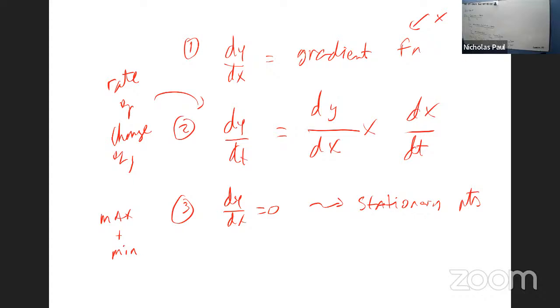So dy dx equal to 0 gives you stationary points, and if d2y dx squared is more than 0, you have a minimum. If d2y dx squared is less than 0, you have a maximum.